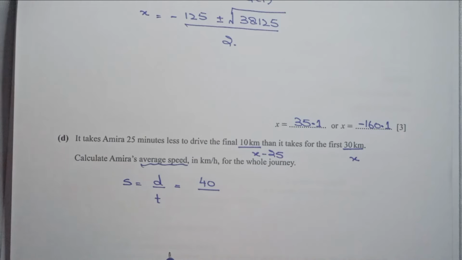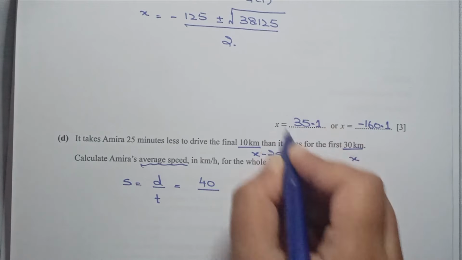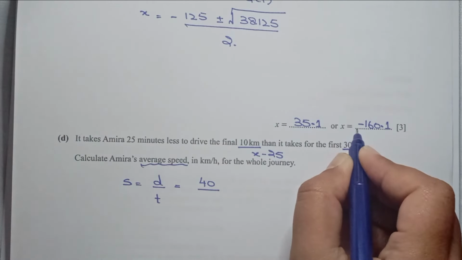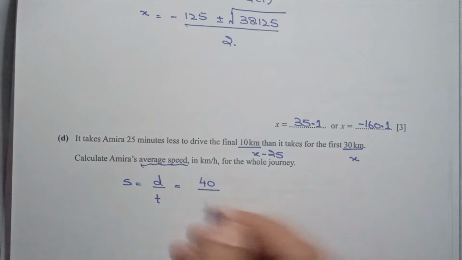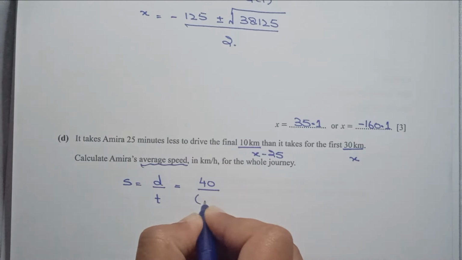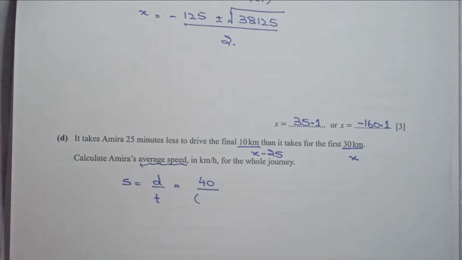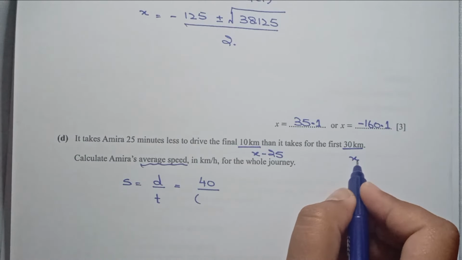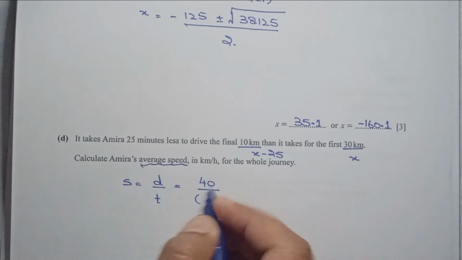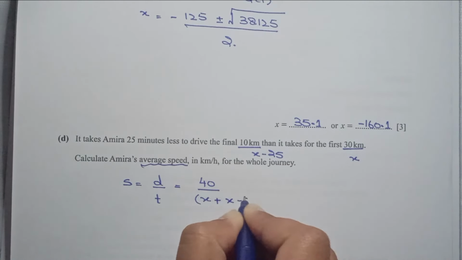So we got the two values of x from our part C. Here we are going to use the positive x value, not the negative one, right? So the positive x value is 35.1. So the total time taken for the whole 40 kilometer journey is x plus x minus 25.